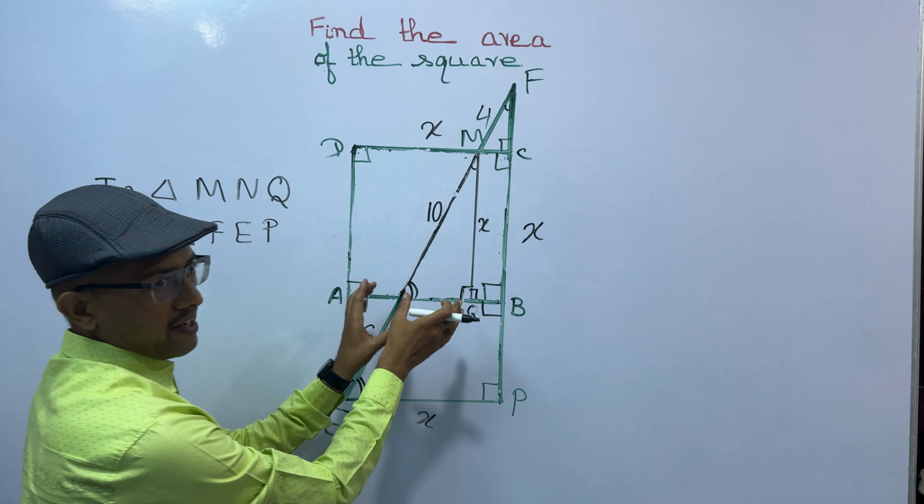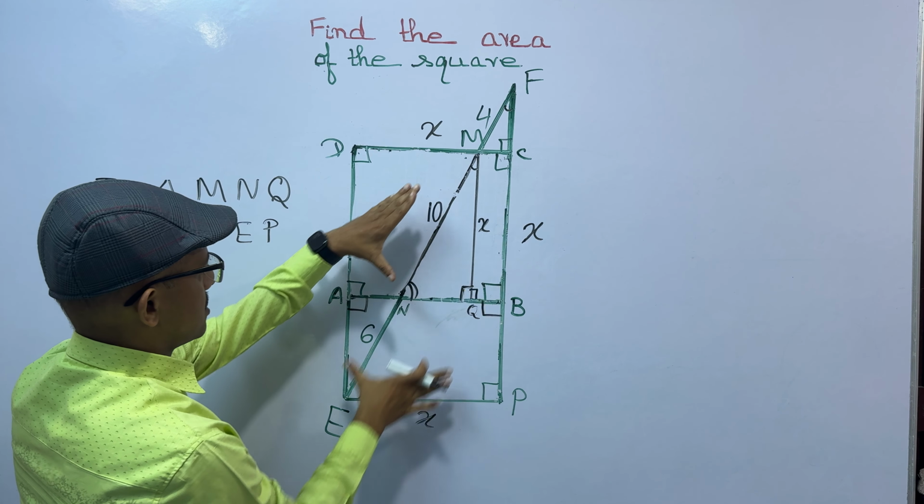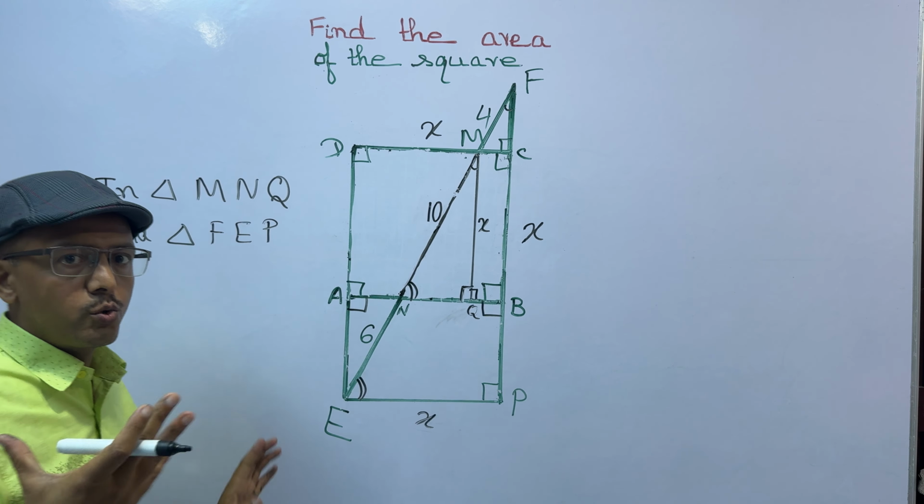Basically, when two triangles are similar, we can just expand one triangle to get another.